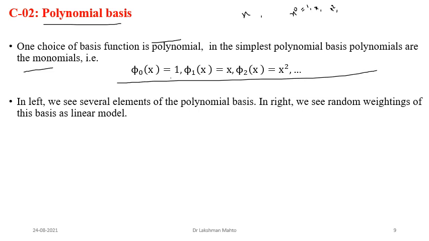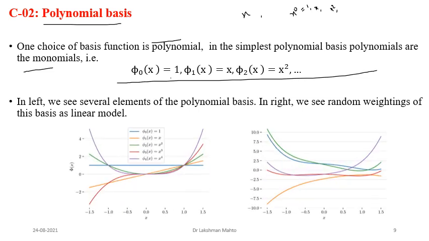Okay, so we will take all possible linear combinations of these, and with each combination we can get a nonlinear structure. But that nonlinear structure happens to be a linear combination of these basis functions. On the left-hand side we have taken several polynomials.